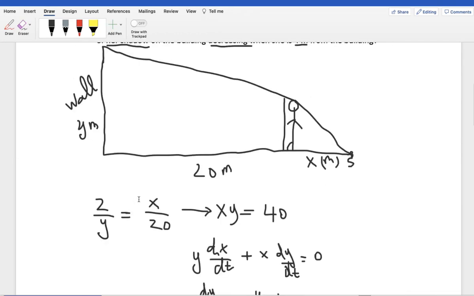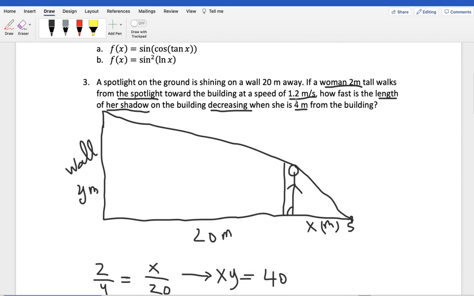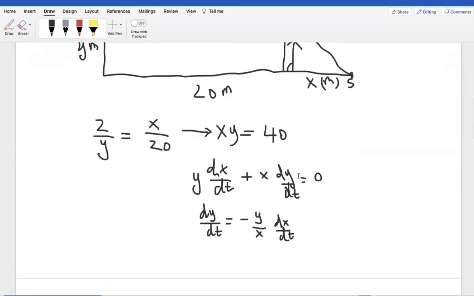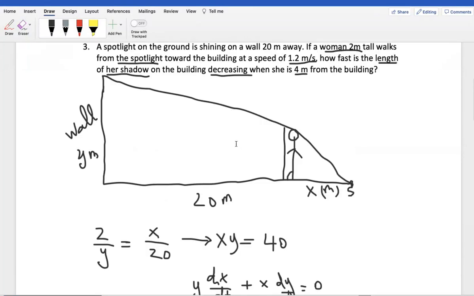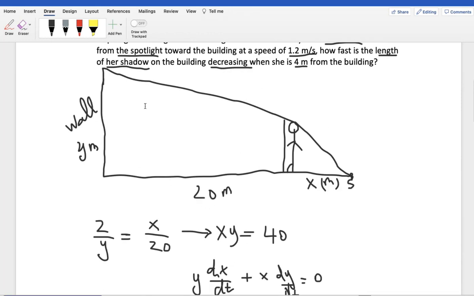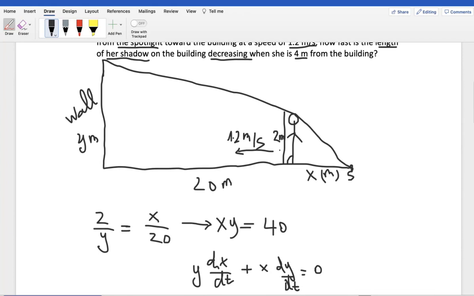So the original question tells us that the woman is walking from the spotlight towards the building at a speed of 1.2 meters per second. So the speed at which she's traveling away from the spotlight is 1.2 meters per second.